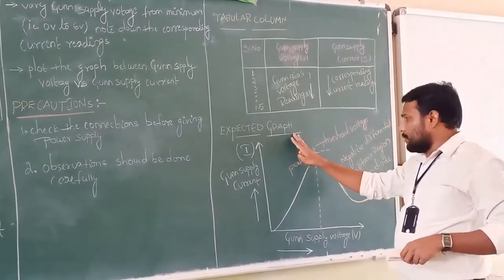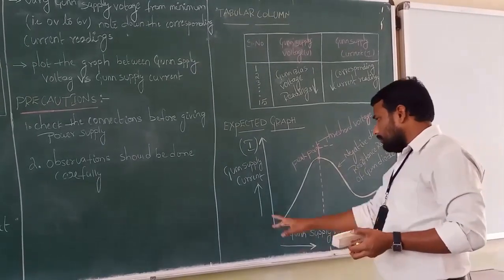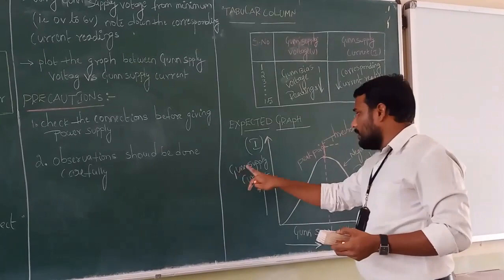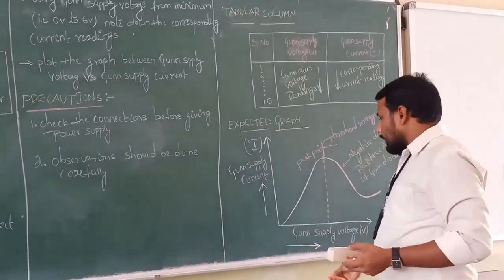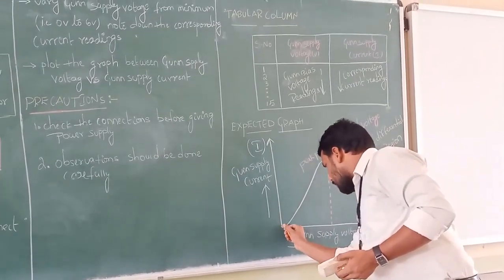See here, this is one of the expected graphs of the VI characteristics of a Gunn diode. For one axis, I am taking the Gunn supply current, and the other axis is the Gunn supply voltage. Initially the current is at 0.